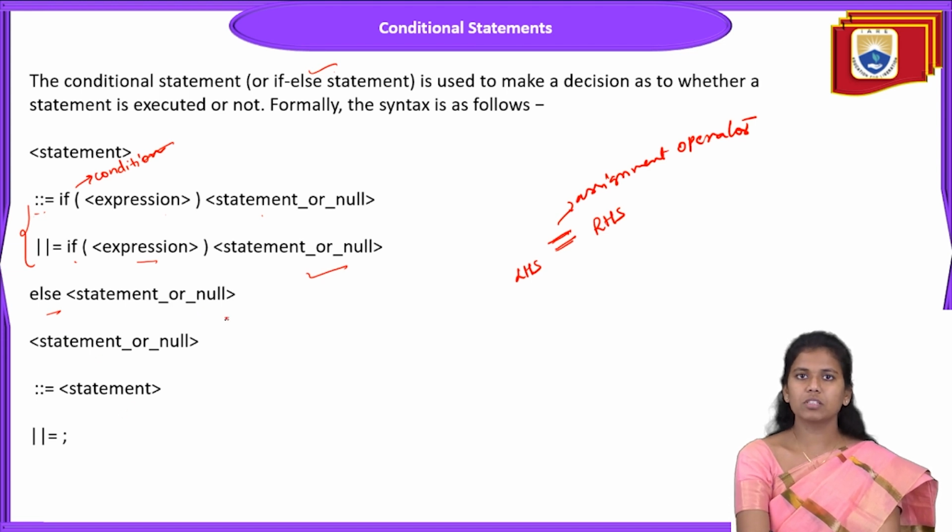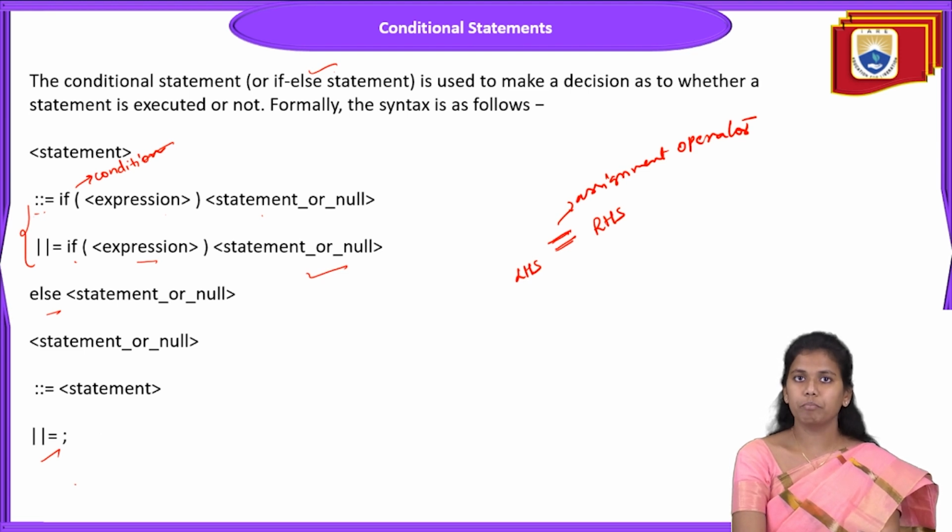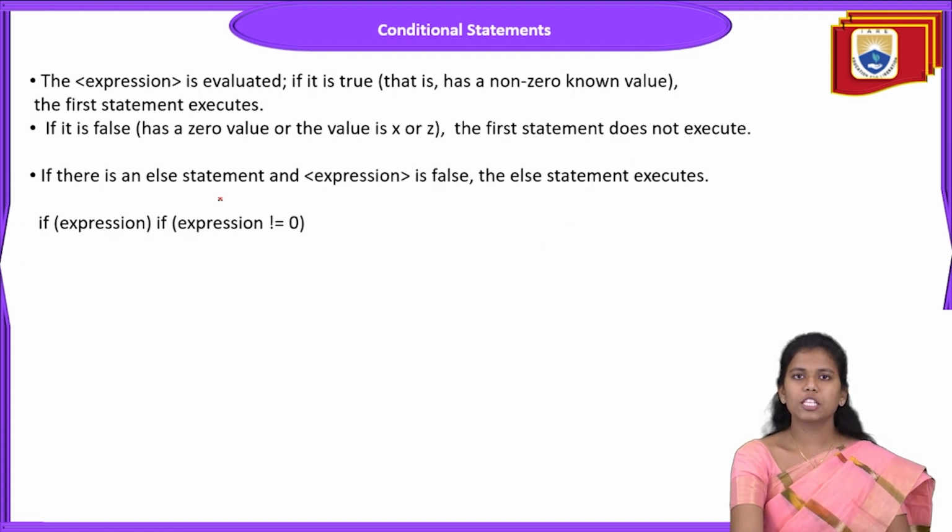Else statement, followed with the statements, parenthesis and the end module. This is just a gist of how to reflect the if-else condition statements in the syntax. So the expression is to be evaluated.